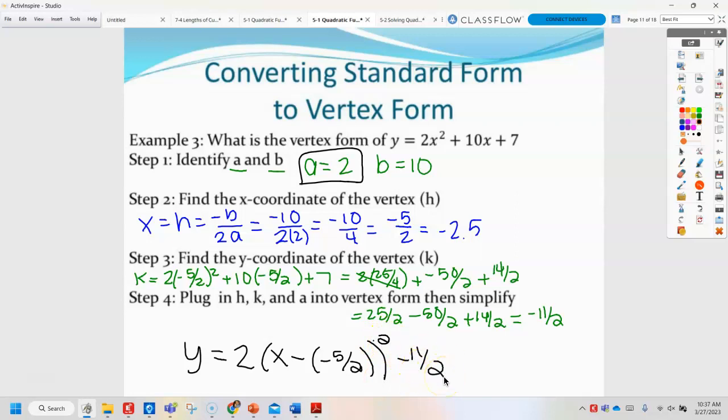You can clean up the minus a minus and make it a positive. You can also leave it as a minus the minus. So this is your final answer as to what is the equation from standard to vertex.